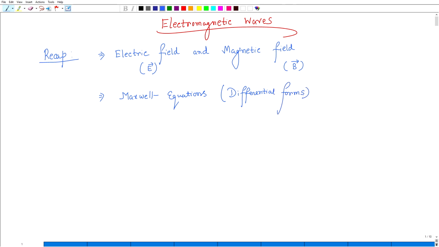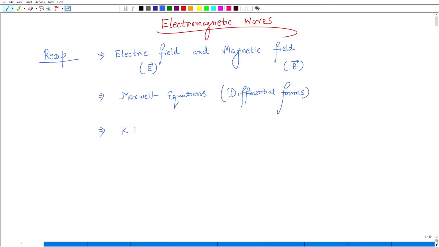Okay. After the Maxwell equations, we obtained a condition regarding our wave vector, electric field and magnetic field: all are perpendicular to each other. From this condition we draw our electromagnetic wave like this, right? How it propagates.